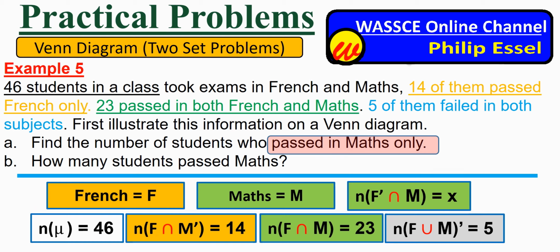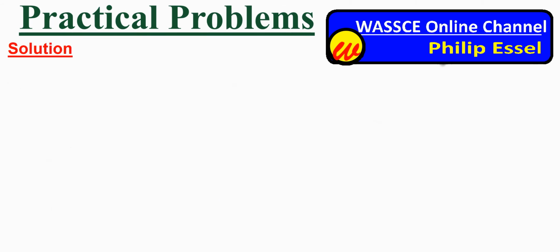So let's look at the solution to this problem. We'll first transport all of our information to this page and we are going to make use of it to solve our problem.